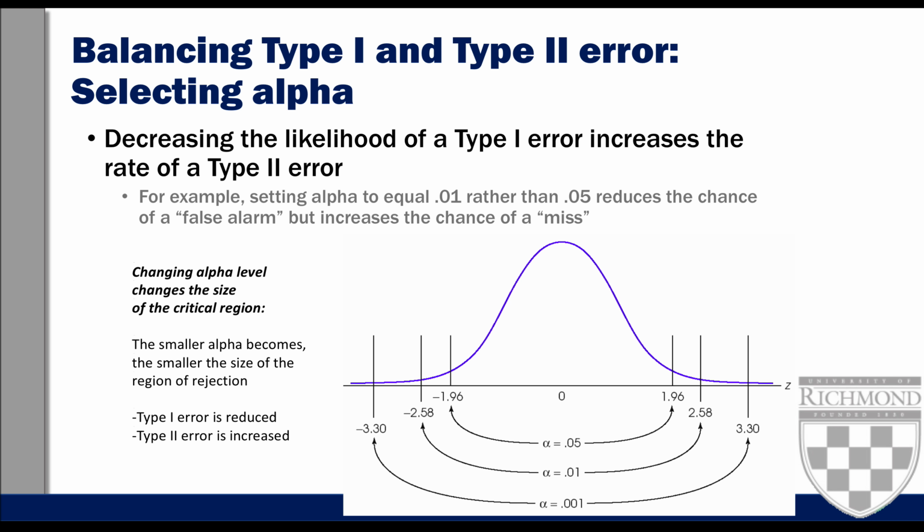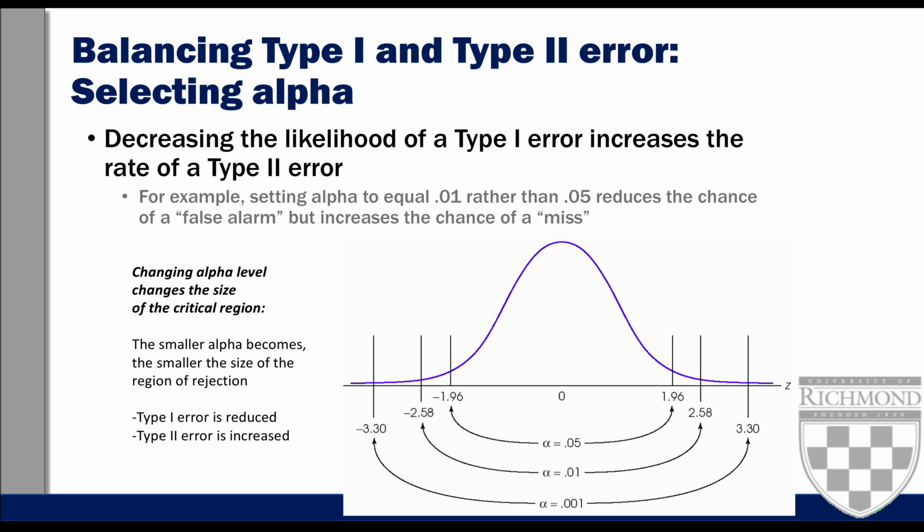So this is a useful distribution for us to see. You can see what happens to the critical region, the region of rejection, as we play with alpha. At 0.05, the critical value is plus or minus 1.96 if you're running a two-tailed test. At 0.01, look what happens. If alpha is 0.01, in other words, only 1% of the area under the sampling distribution is the region of rejection, then the z required for the sample mean to exceed is plus or minus 2.58.